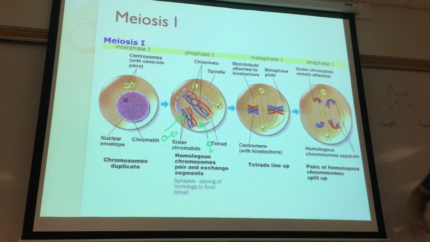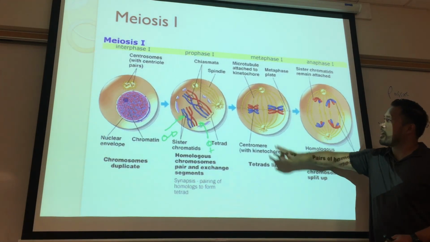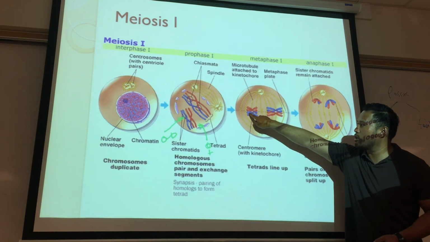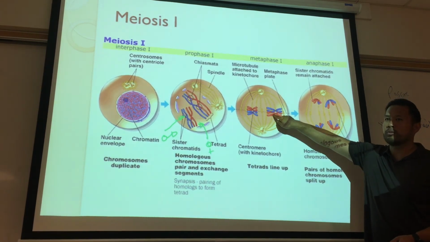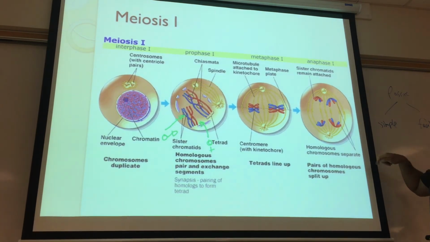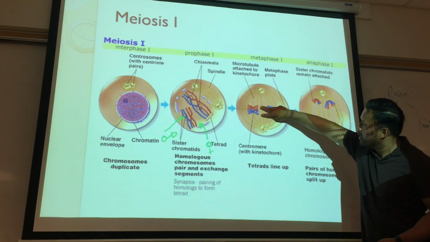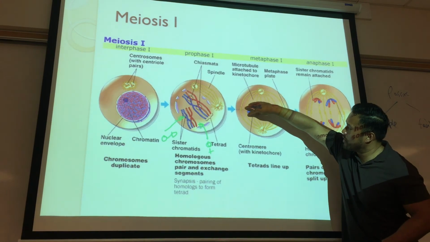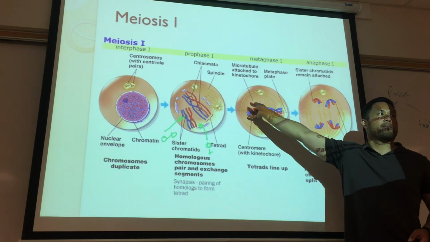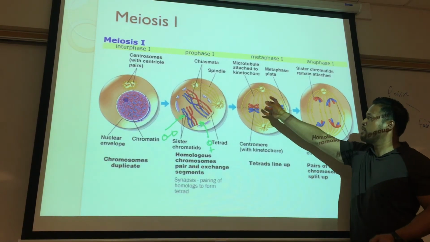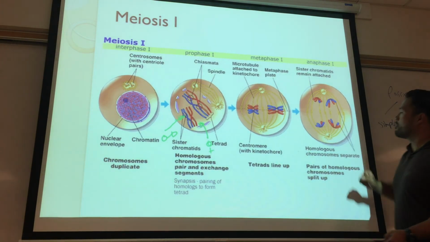Independent assortment is the arrangement of that DNA. So this represents chromosome 1, this is chromosome 2. You actually go all the way up to chromosome pair 23. And that all gets arranged together, and independent assortment is either flipped this way or it flips the other way. So you take all 23 and you arrange them in random order.